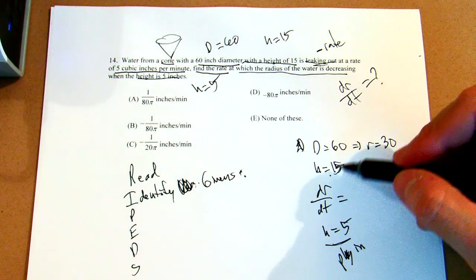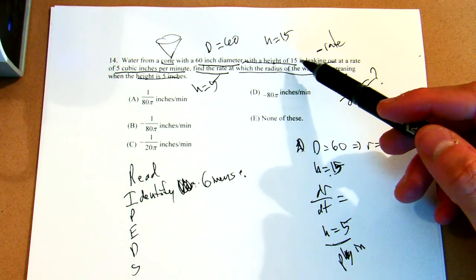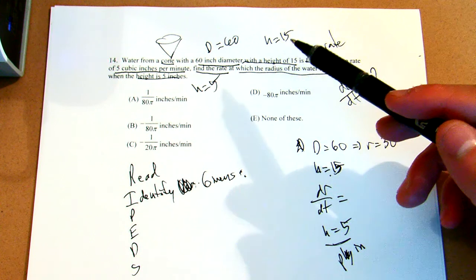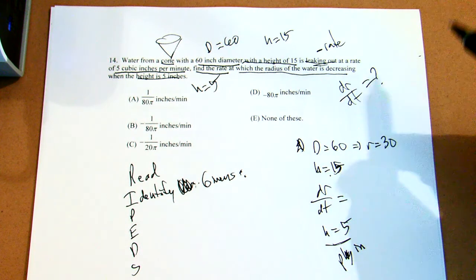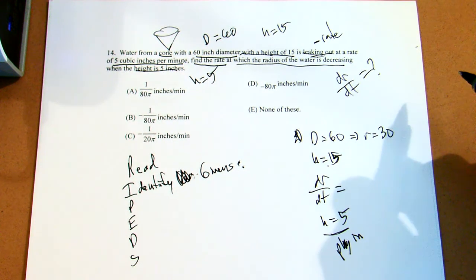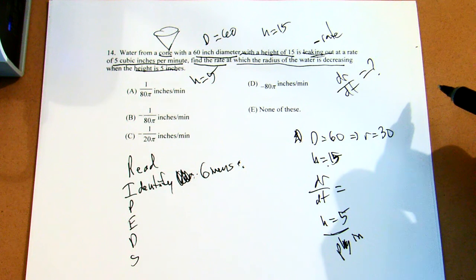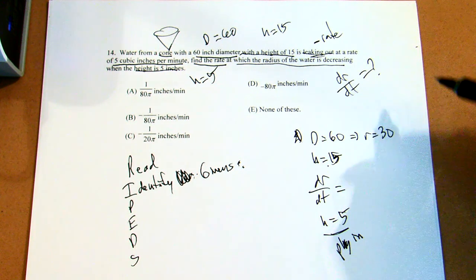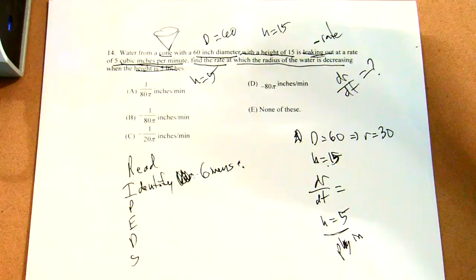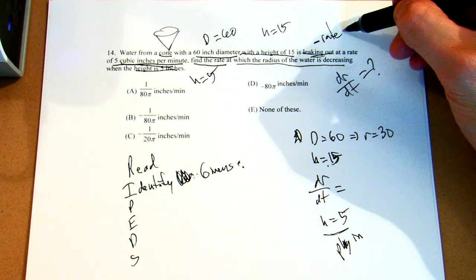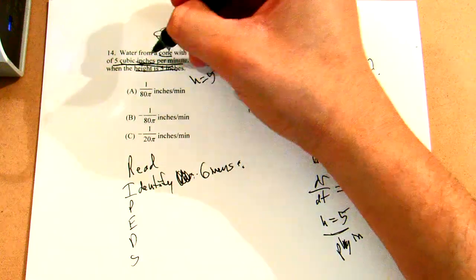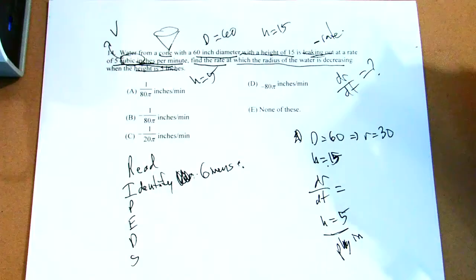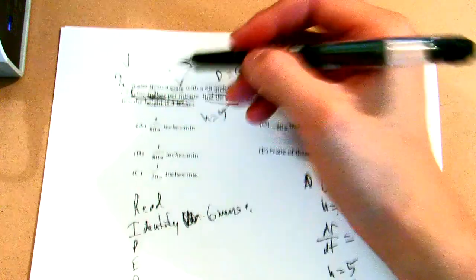I think the overall height has to do with just the overall absolute height of the cone. We're going to see that when we draw the picture. And then it's leaking out at a rate of 5 cubic inches per minute. So leaking out is a minus rate here, and cubic means V, right?